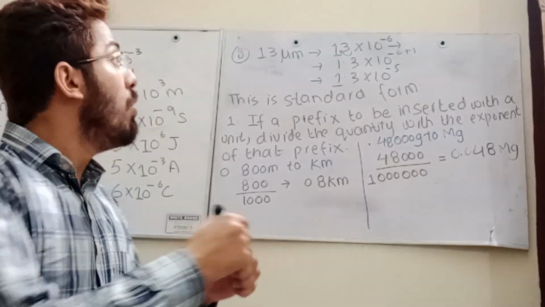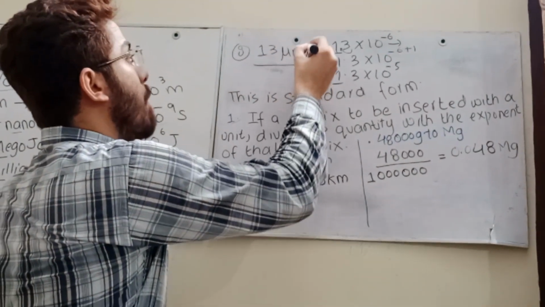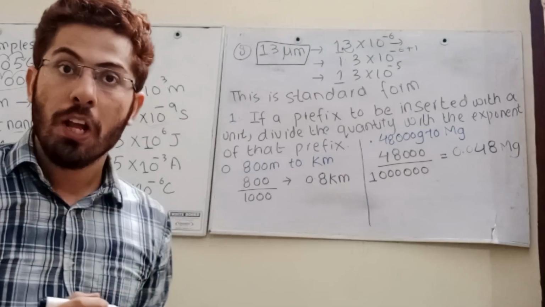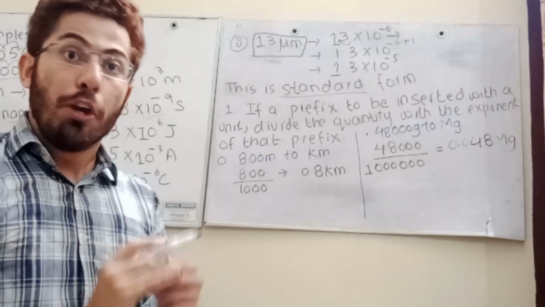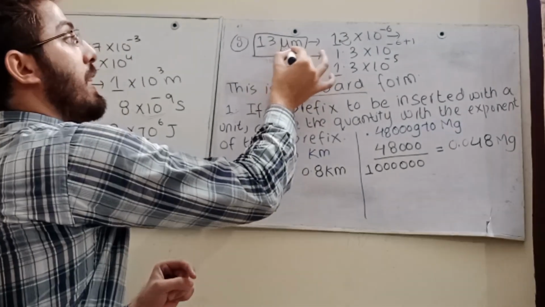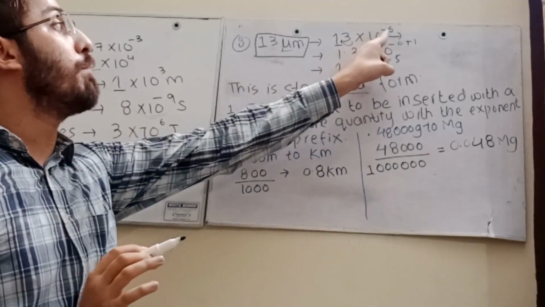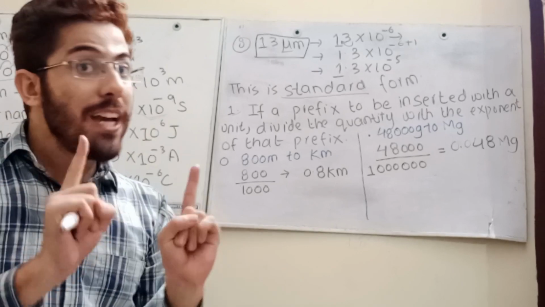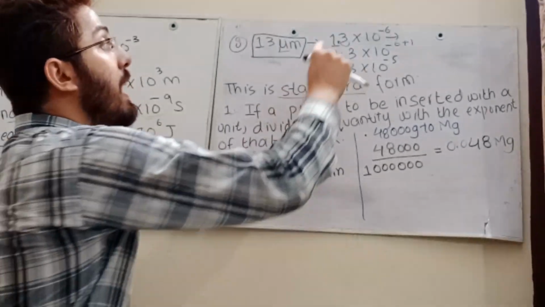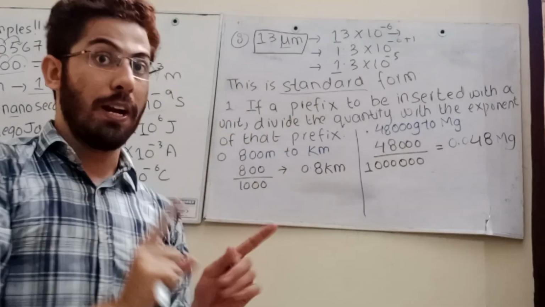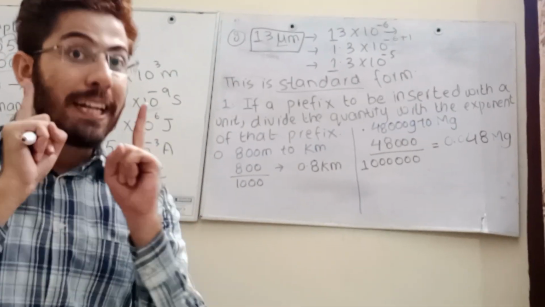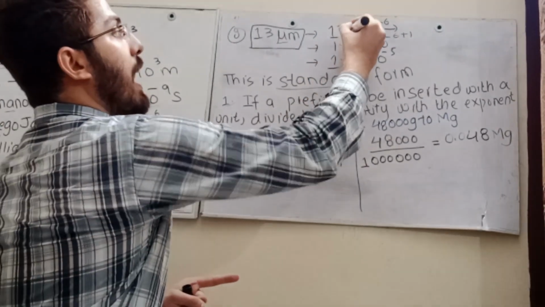Okay students, now let's suppose this is an example exam question. The examiner asks you to convert into standard form. You first see the prefix is micro, meaning 10 to the power minus 6. Always remember, students, the decimal point is not given in this question. What did I tell you? The decimal point must be at the end.